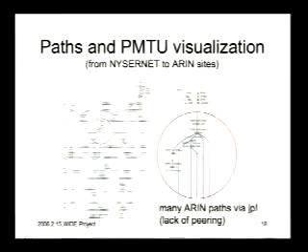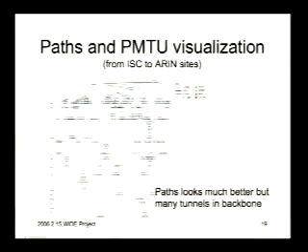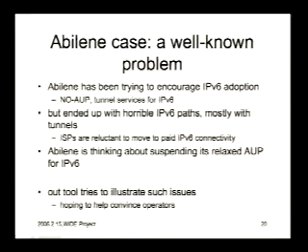And this is from ISC to RN sites. The paths look much better, but there are lots of blue edges. That means there are still lots of tunnels out there. So the Abilene case in the NISANET results is a well-known problem.